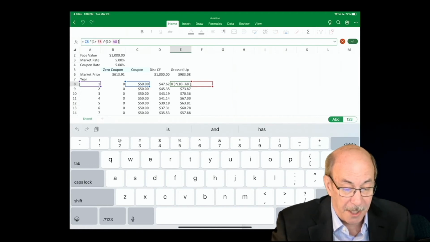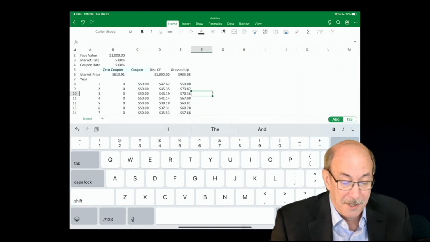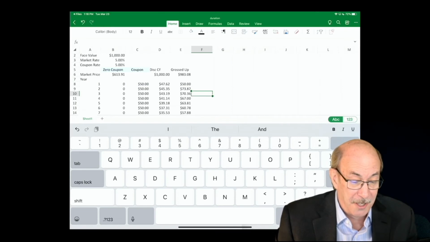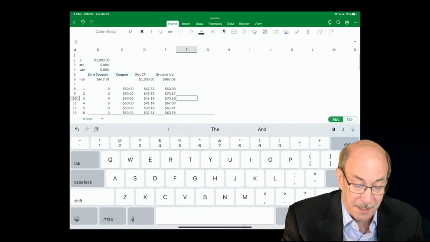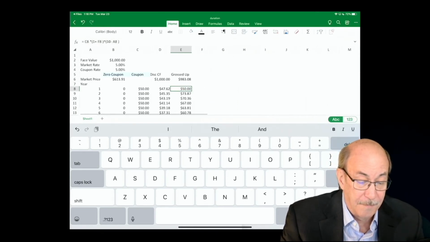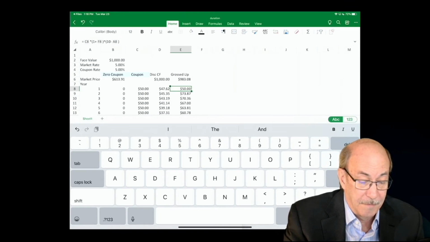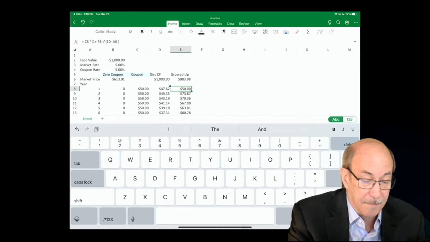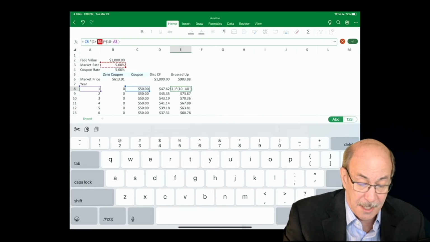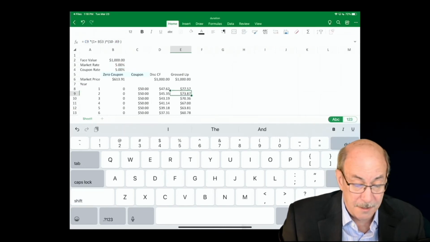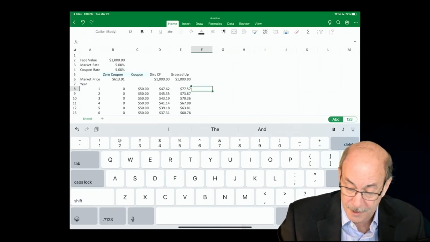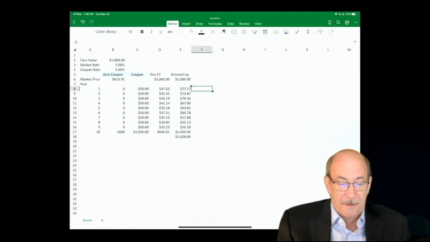Now I don't have the backup option here. That should have been $77 there. I messed up my equation. Let's see if I can fix that. Yeah, I need that to be that. And then enter. Okay, there we go. All right, sorry about that.